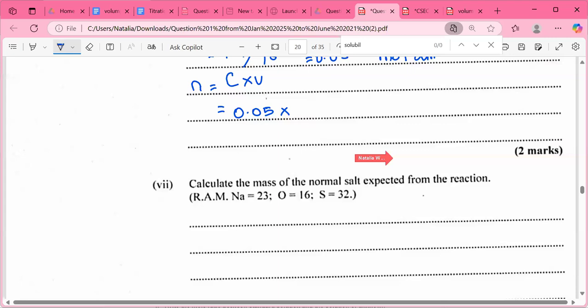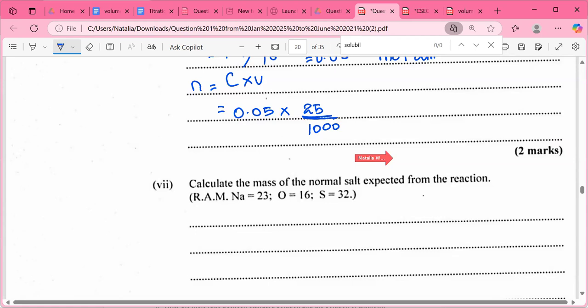I must convert the volume from centimeters cube to dm cube, so the volume in centimeters cube is divided by 1,000.